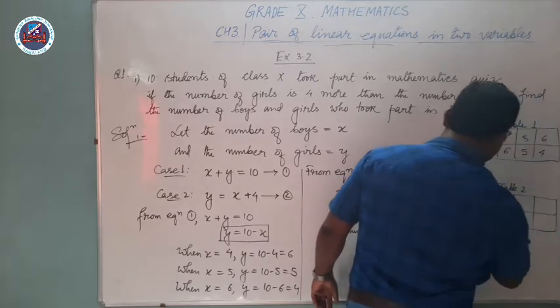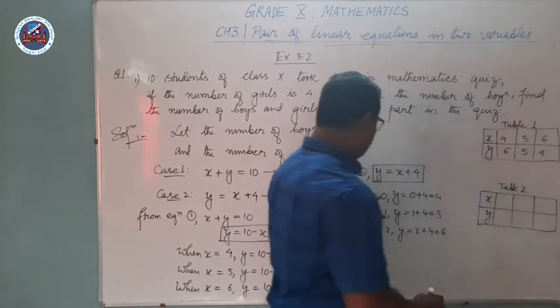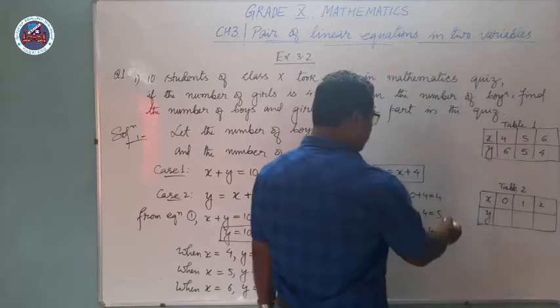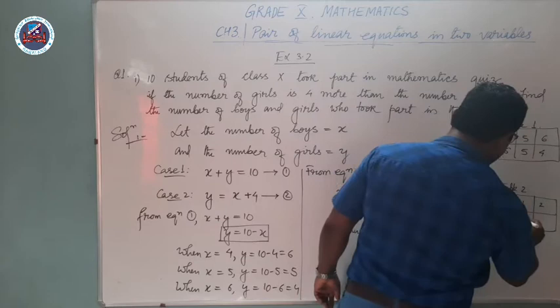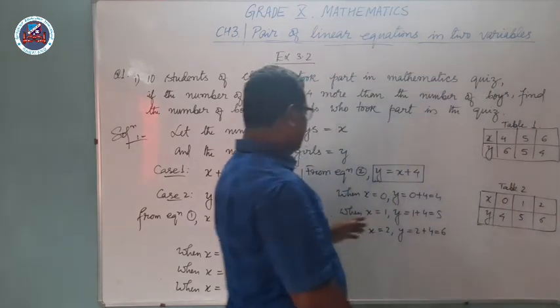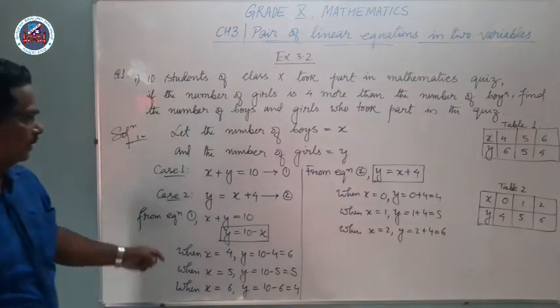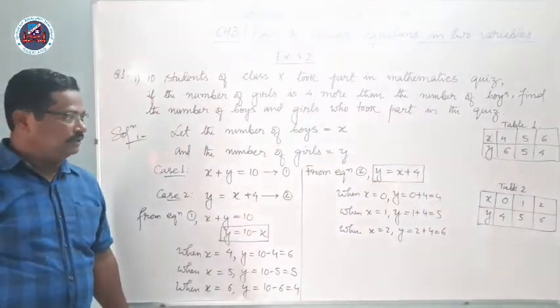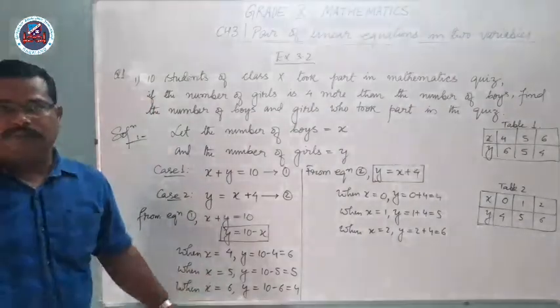Table 2: x, y. x I took 0, 1, 2 and y I got 4, 5, 6. Then we'll plot it on the graph. If you can remember the equation, it is very good. To draw the graph, I need to wrap the board.